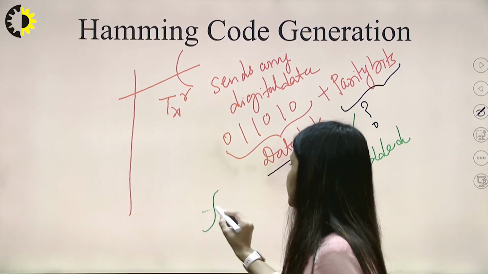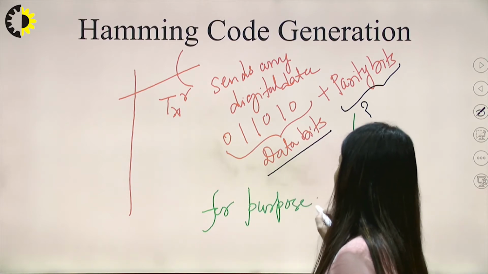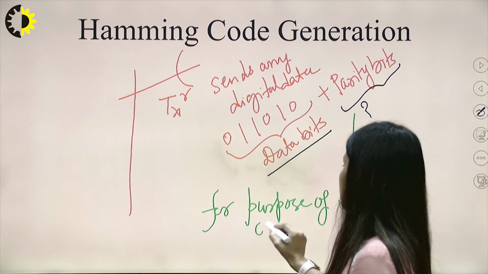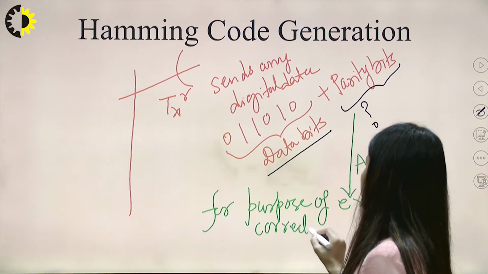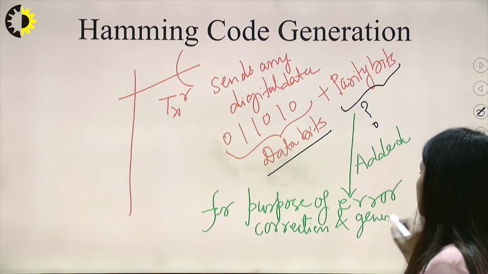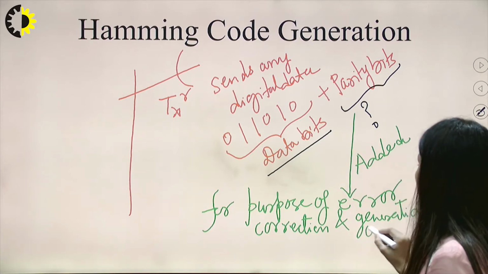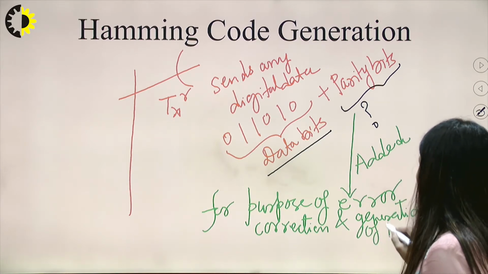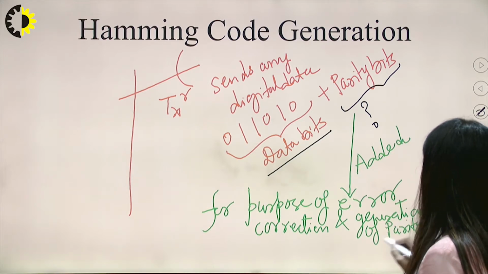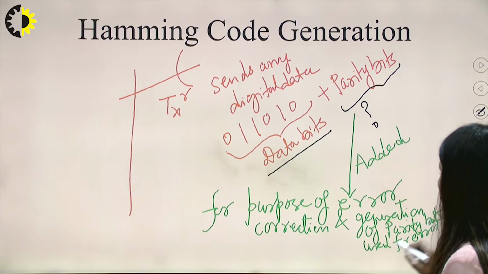So these parity bits are added for the purpose of error correction and generation of parity bits used for error detection.